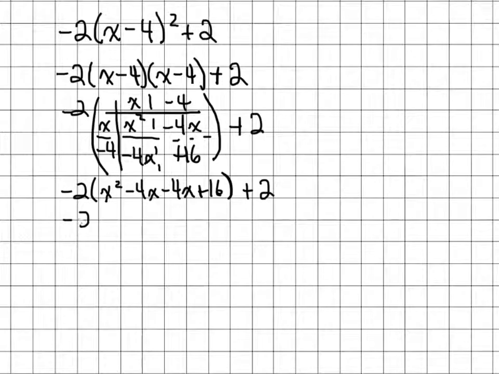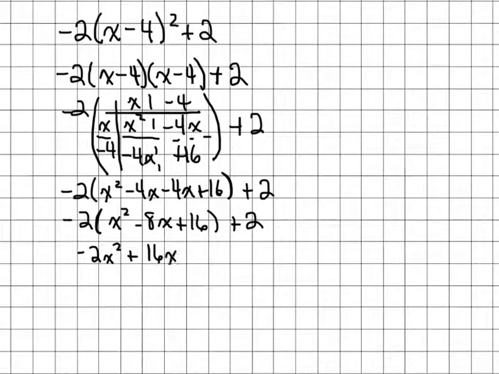Then I have minus 2, and I have x squared minus 8x plus 16 plus 2. Now I have to multiply everything through by minus 2, so I have minus 2x squared plus 16x minus 32 plus 2, and I have minus 2x squared plus 16x minus 30.